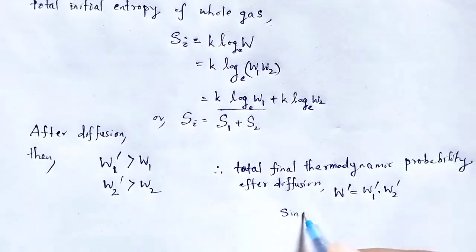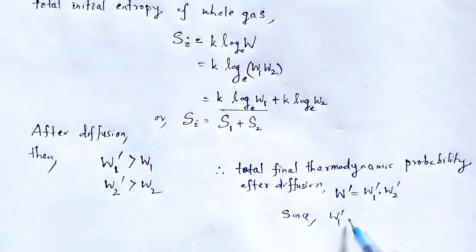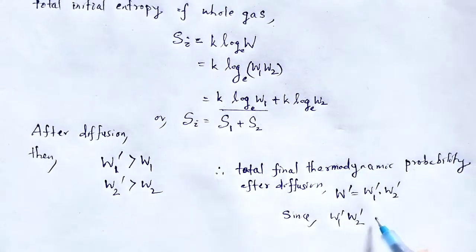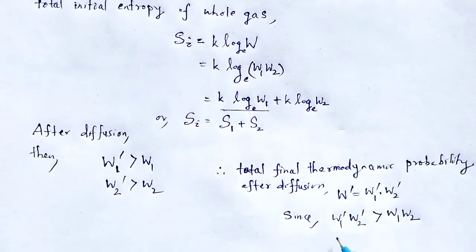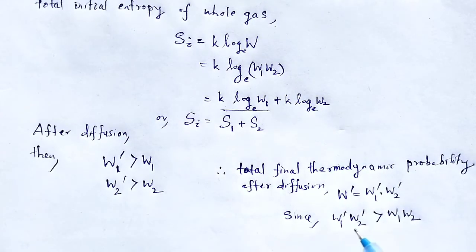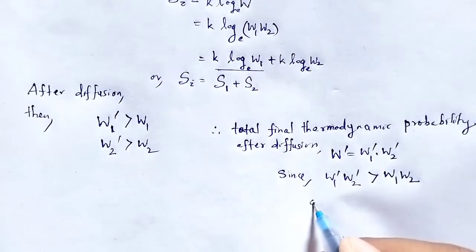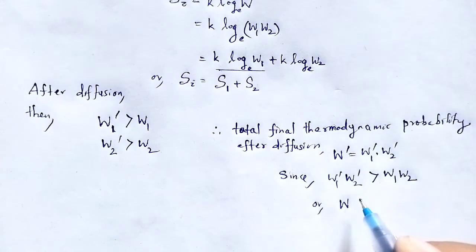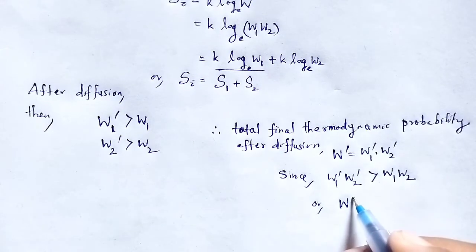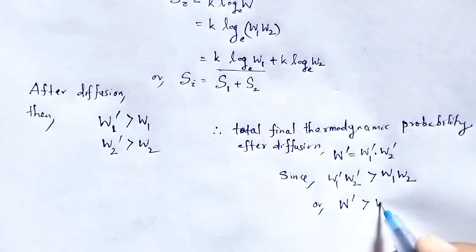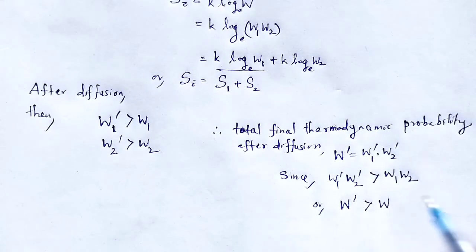Since W1 dash W2 dash is greater than W1 into W2, the thermodynamic probability after diffusion is greater than before diffusion.